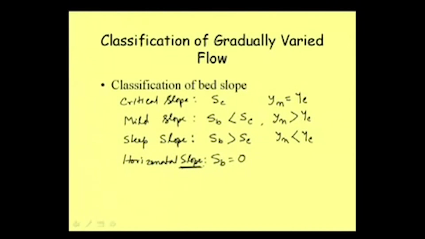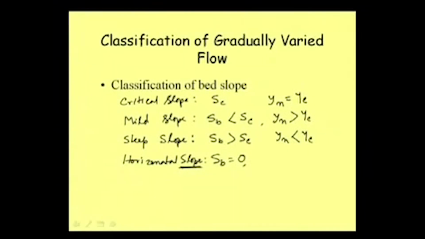Bed slope is equal to 0. Okay. And what will happen to the normal depth if the slope is horizontal? Well, that needs some discussion. Of course, we could have discussed that beforehand when we were discussing uniform flow depth, but briefly let us discuss this here itself.